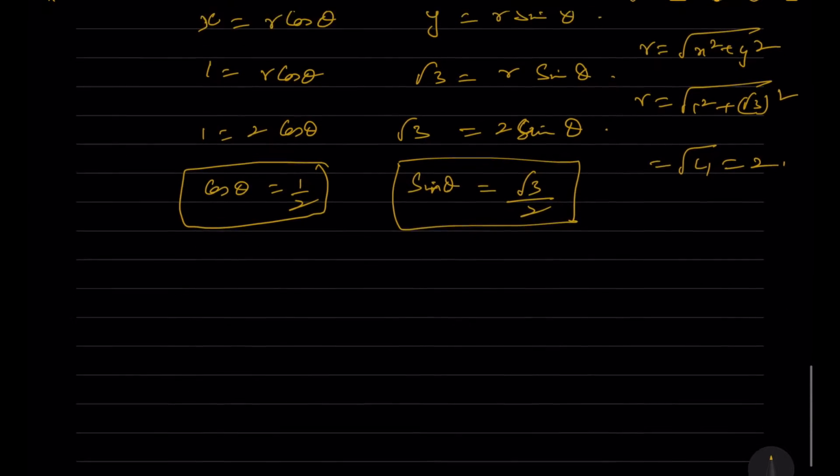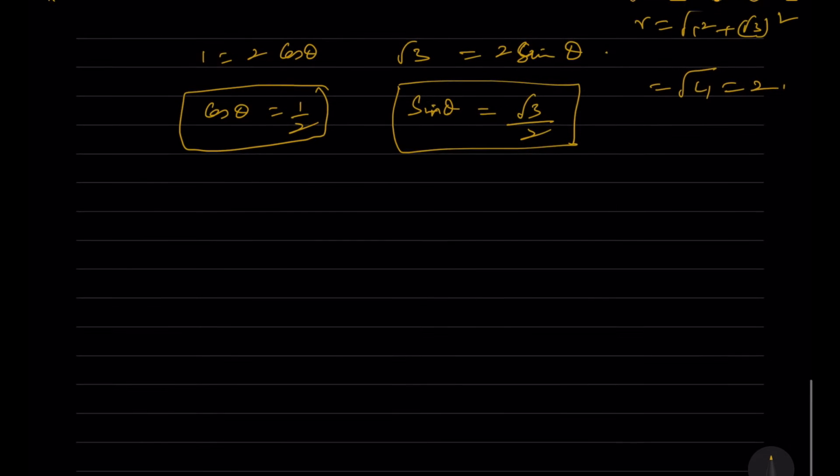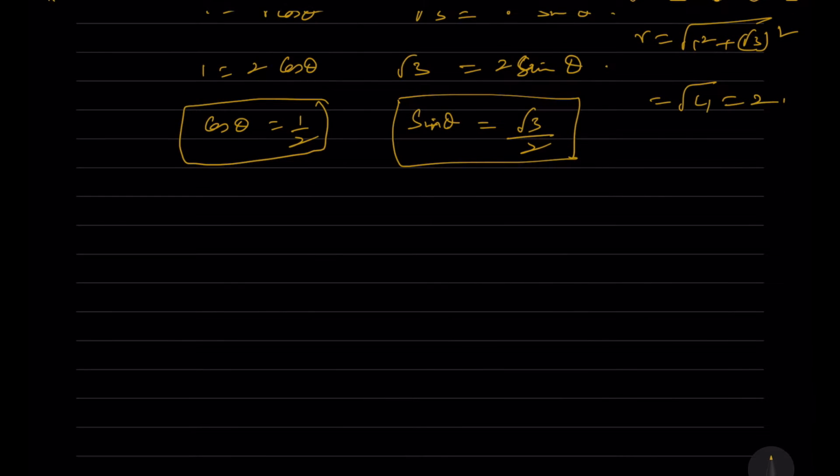Now here we have a representation for alpha. Suppose we have these axes over here, and there is a point over here. Here we are taking it as r and theta, isn't it?